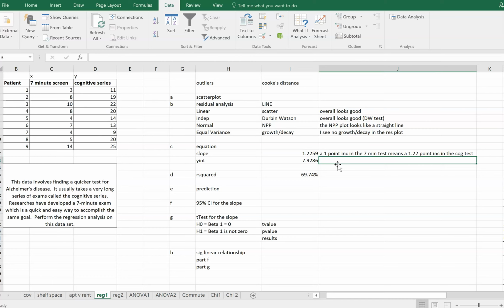What does the y-intercept mean? Well, the y-intercept is when x is 0. So what it means is if we get a 0 on the 7-minute test, we expect a 7.92 on the cognitive test.